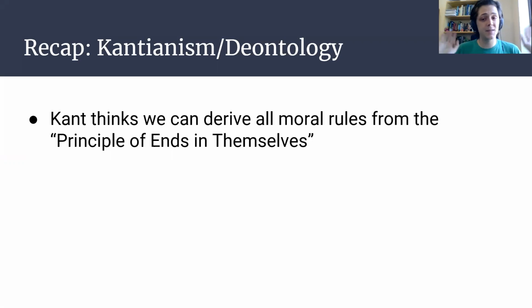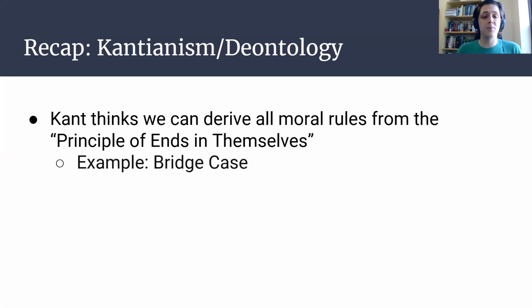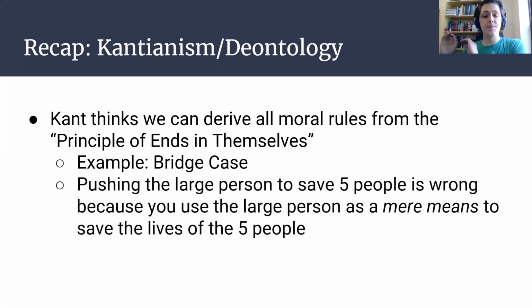Now, Kant, in his specific form of deontology, thinks we derive all moral rules from the principle of ends in themselves. So in the bridge case, pushing the large person off the bridge to save 5 people is wrong because you use the large person as a mere means to save the lives of the 5 people.